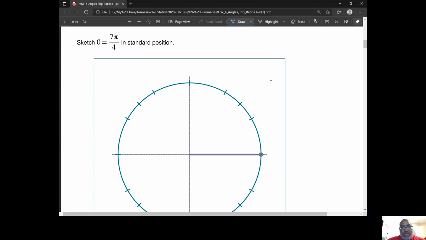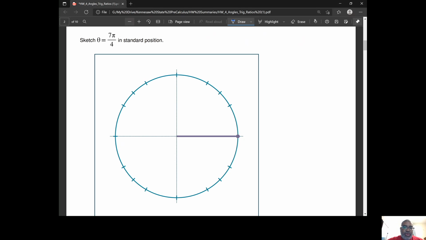Sketch theta equal to 7 pi over 4 in standard position. So this is the unit circle. If you take the time to learn it, you know that the pi over 4s are in the middle of each of the quadrant arcs.